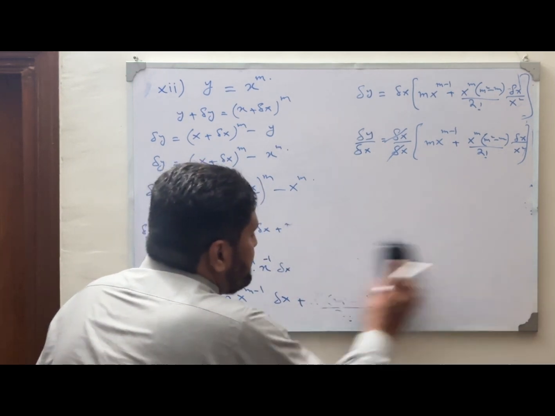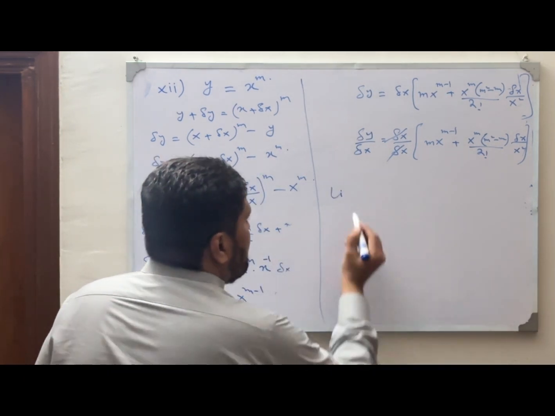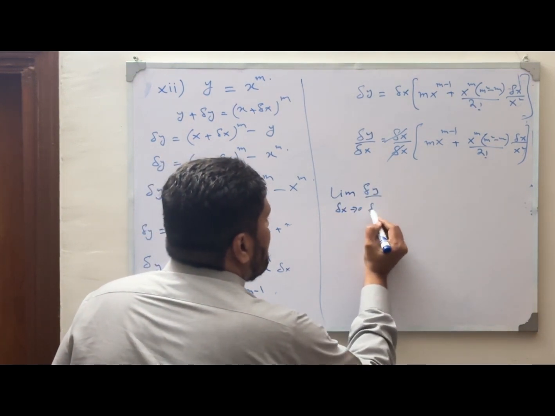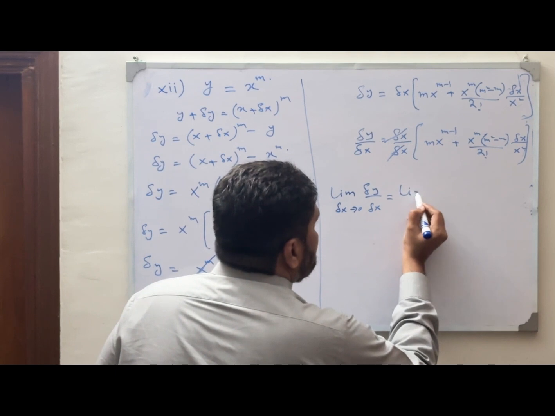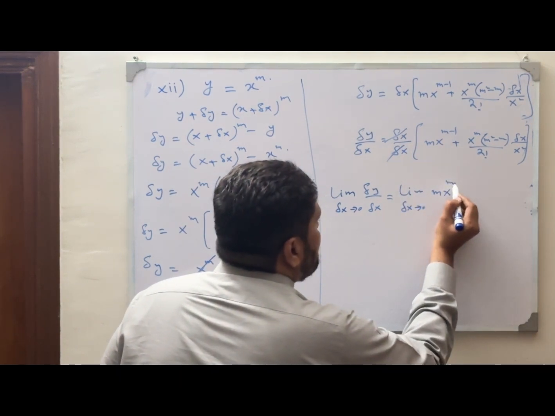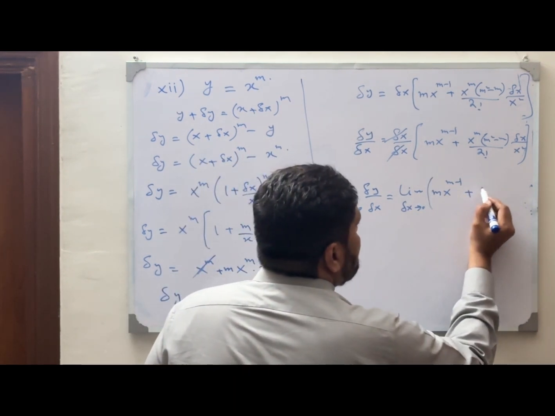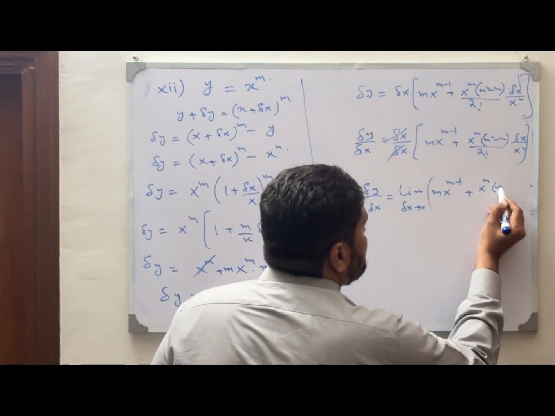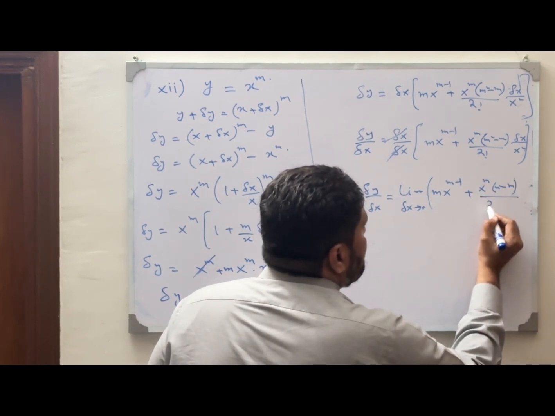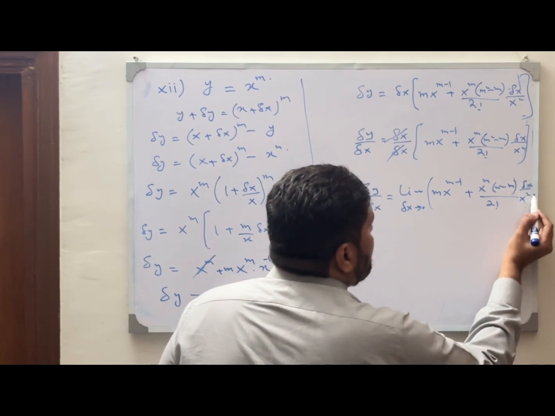So here we have limit delta x approaches 0 of delta y by delta x is equal to limit delta x approaches 0 of m x power m minus 1 plus x power m into (m square minus m) divided by 2 factorial into delta x by x square.